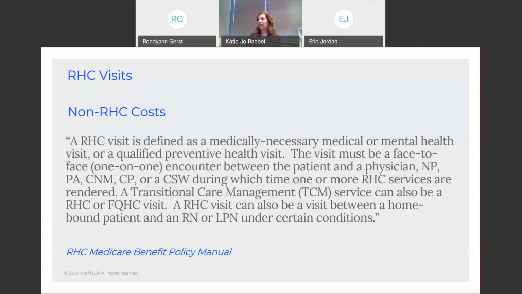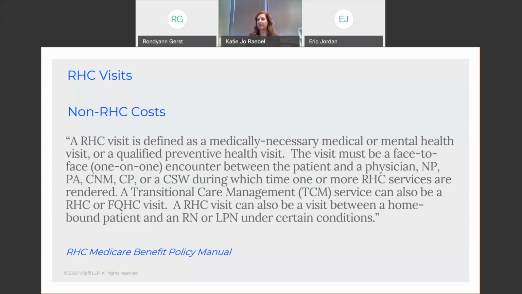We want to be thinking, if every visit was a Medicare visit, could I bill it as an RHC encounter? And what we need to be thinking about is, is it medically necessary? So one, is it medically necessary that the provider perform the service? So if a provider is performing an allergy injection, but a nurse could be performing it, it's really not medically necessary for the provider to be performing that.